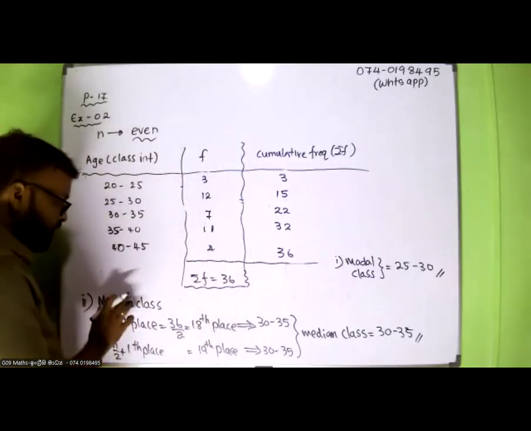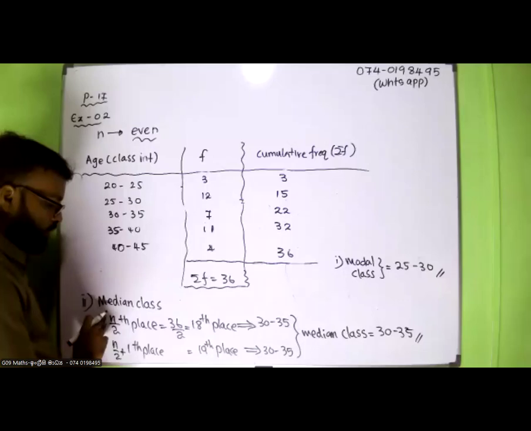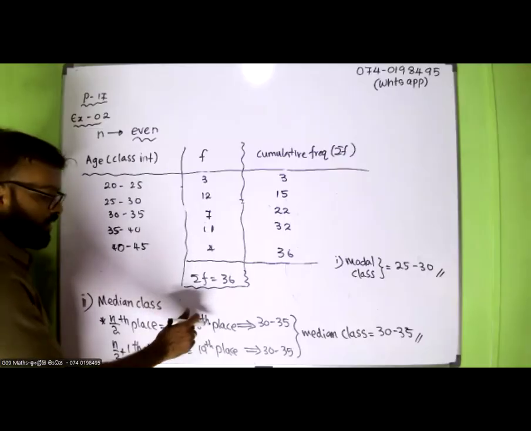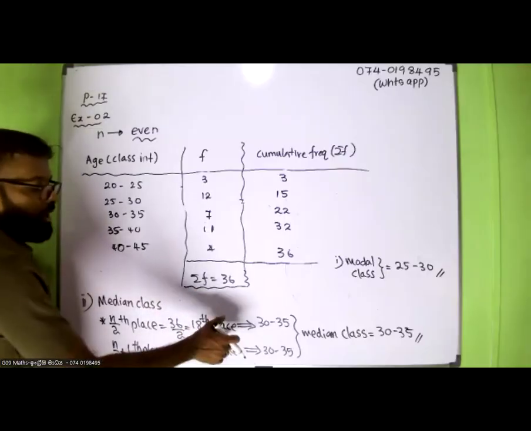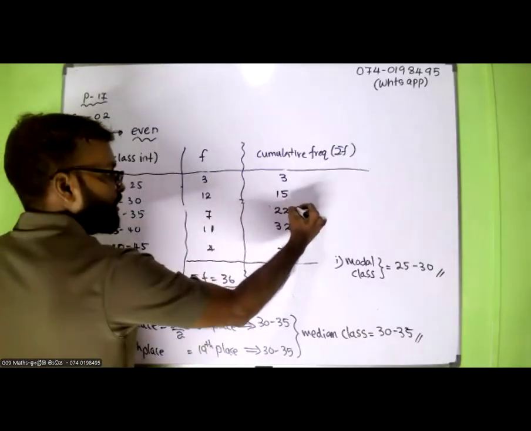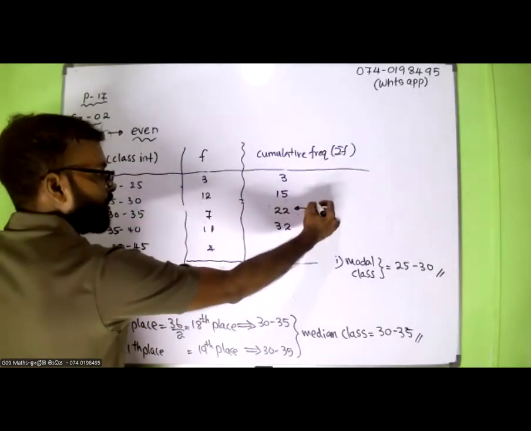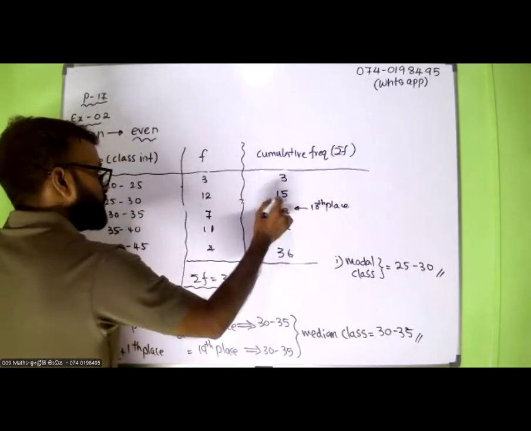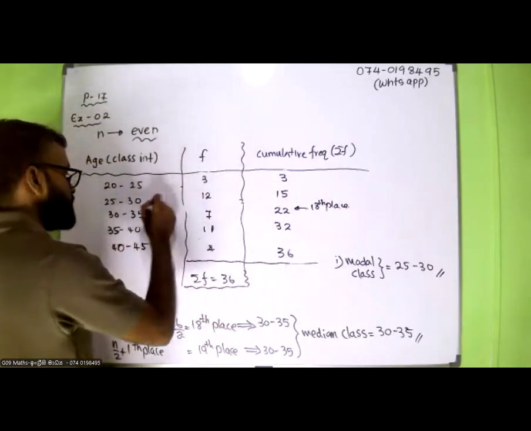So if you want to find the median class, you need to obtain the n divided by 2th place. n equals sigma f, 36 divided by 2, which is the 18th place. The 18th place is here, in between 15 and 20. The corresponding class interval is 30 to 35.